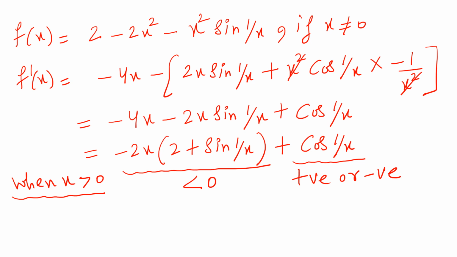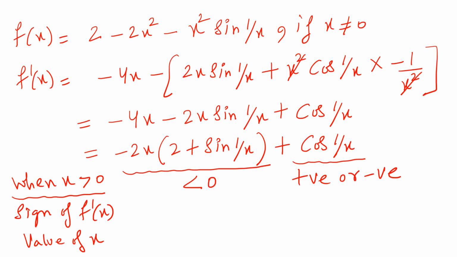Now students, from all of this, we conclude that for x greater than 0, function f of x shows dual behavior. That means it is increasing as well as decreasing. Now I will explain it with the help of few values. Now in the first row I am writing sign of f dash x, and below it I am writing value of x.